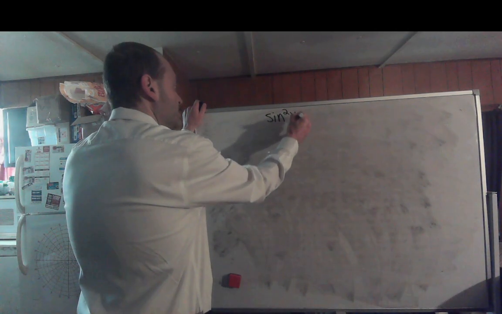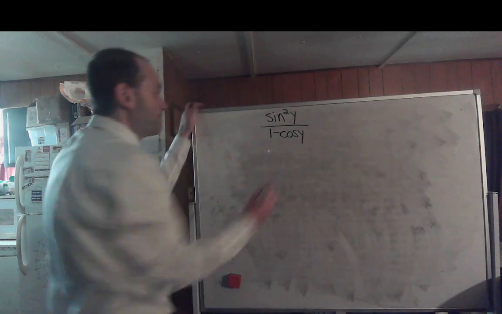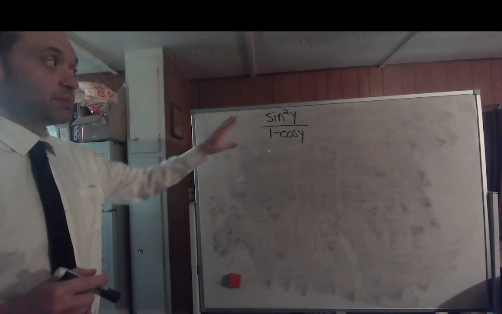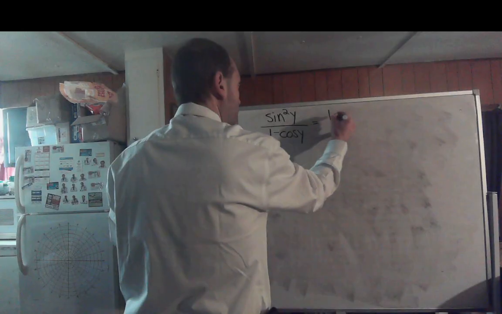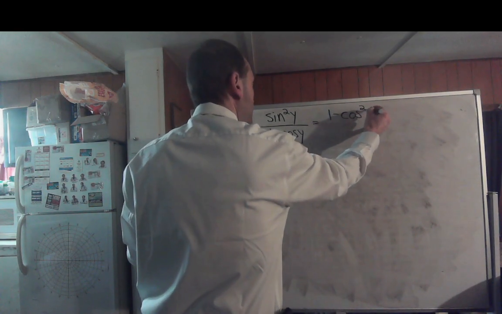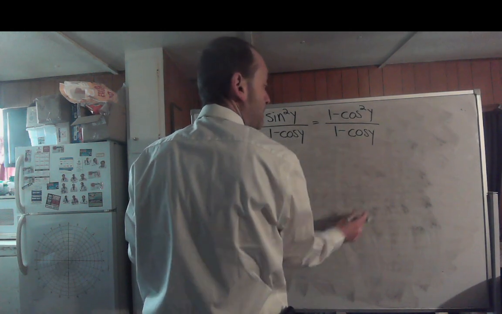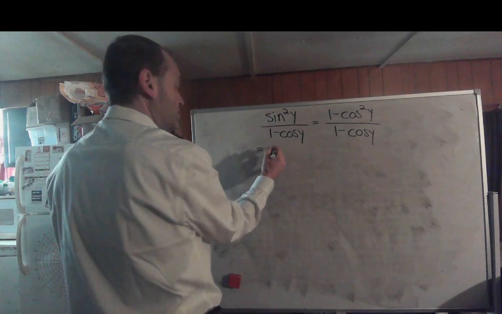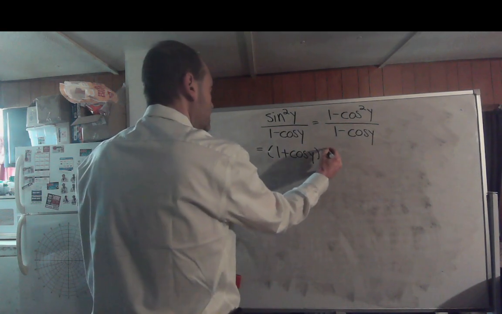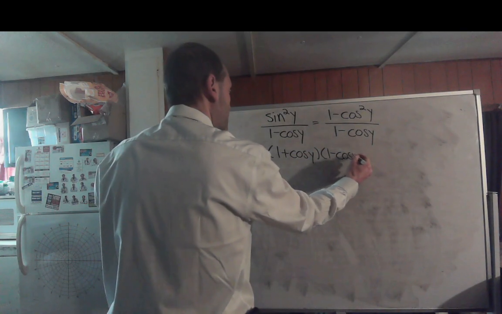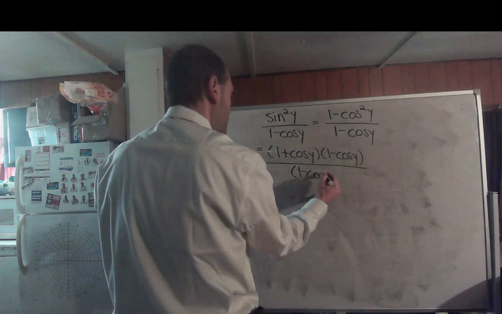So let's say we have sine squared of y over 1 minus the cosine of y. This one isn't going to be so bad, because the sine squared, isn't that the same thing as 1 minus the cosine squared of y? So now you'll have that over 1 minus the cosine of y, which 1 minus cosine squared factors into 1 plus the cosine of y times 1 minus the cosine of y all over 1 minus the cosine of y.